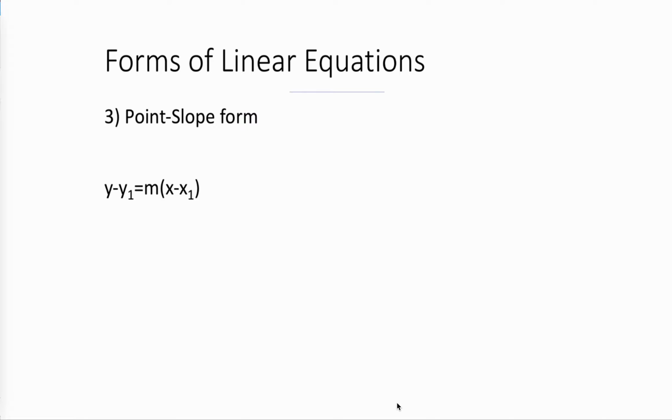You can rearrange this to put it in slope-intercept form, but this can be kind of a handy shortcut for those problems where you have 2 points and you have to find a line that goes through them. So y minus y1 equals m times x minus x1, where m, again, is your slope, and x1, y1 is a point on the line.